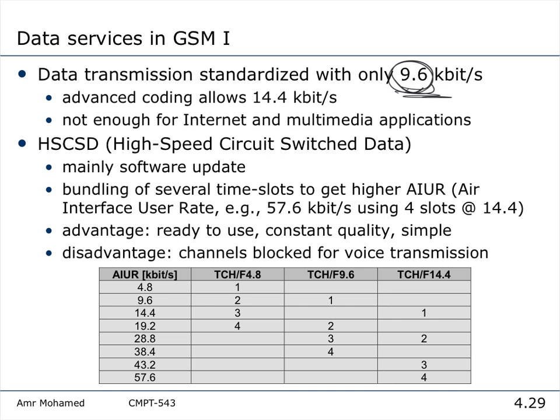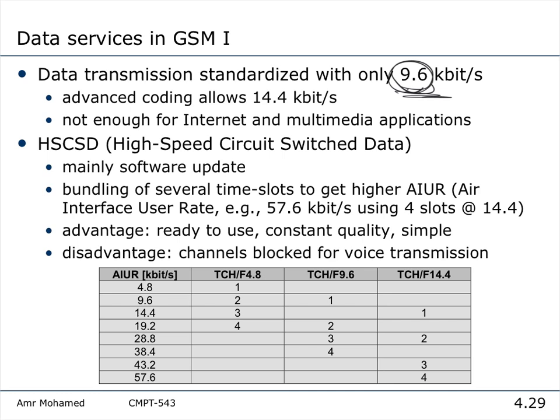So they came up with 2.5G. 2.5G talks about the fact that we need to provide higher data services with minimum changes to the architecture, ideally with some software upgrades. So we only need to update the software on the core network servers and the BTSs, and that's it.